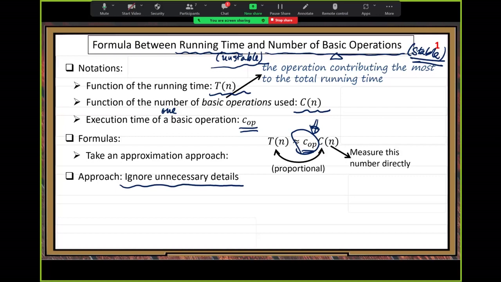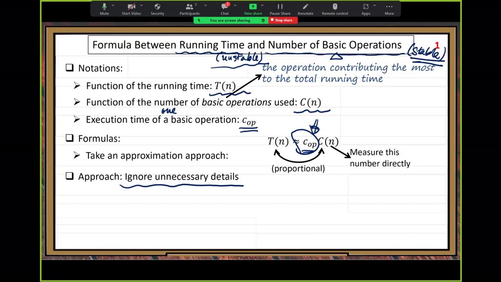Because if we can skip those details, we can make our formulas much simpler. The original formulas could be very complicated, so we want to do some simplification.